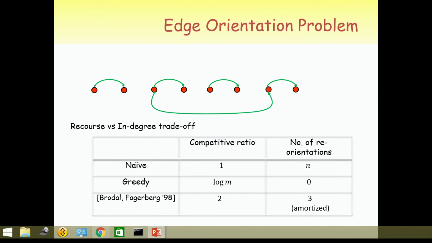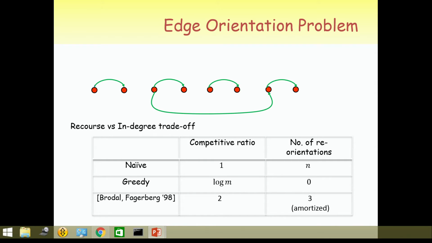And of course, if you do naive, which is basically solve the problem at each point of time, you could be doing n reorientations per unit time. Greedy, as we saw, is log m competitive. It doesn't have to do any changes in the solution.